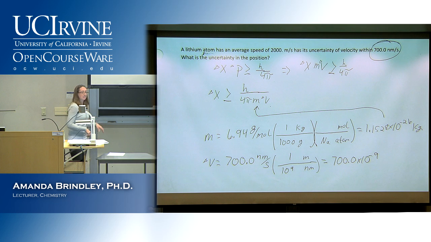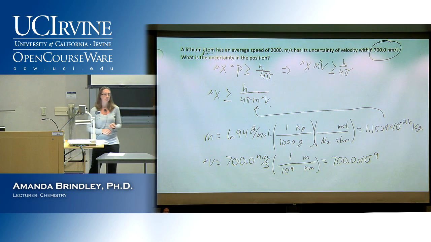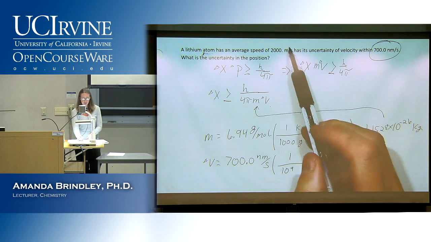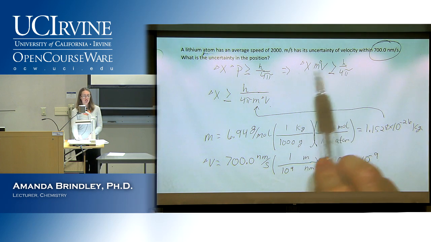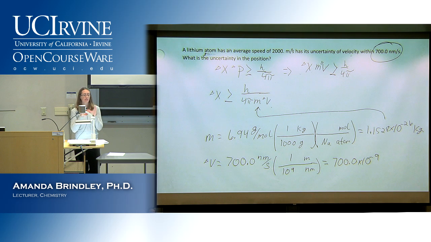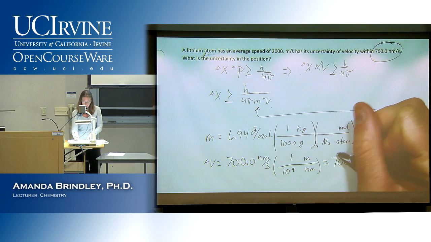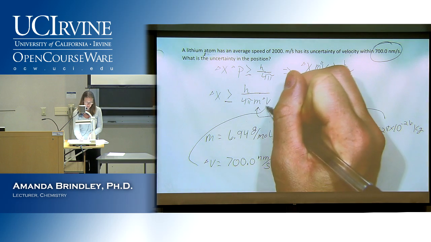I tend to just write it out like that. Because this is the actual speed, this is the uncertainty. And what we're always looking at here is the uncertainties. We don't really care how fast it's going, we care how much we're sure or not sure of how fast it's going. So it's kind of like a plus or minus. And then this is what we fill in to here.